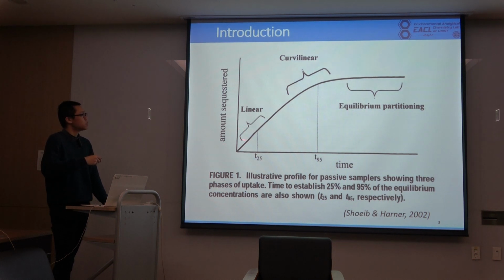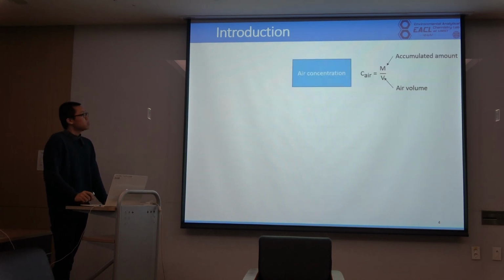The first one is the linear phase, and the second phase is the non-linear. After that, the air concentrations from the passive sampler can be easily calculated by dividing the accumulation amount on the absorbent by the total air volume.